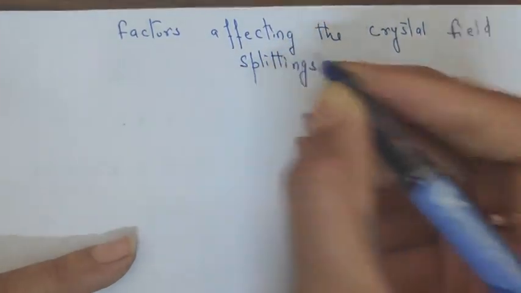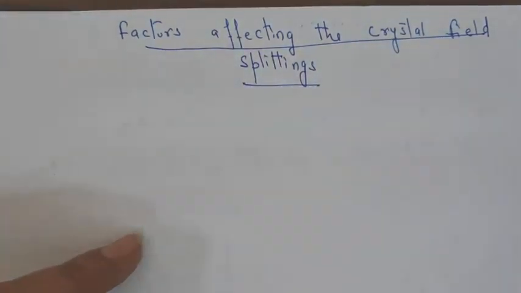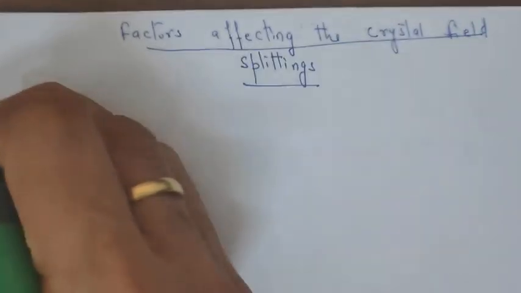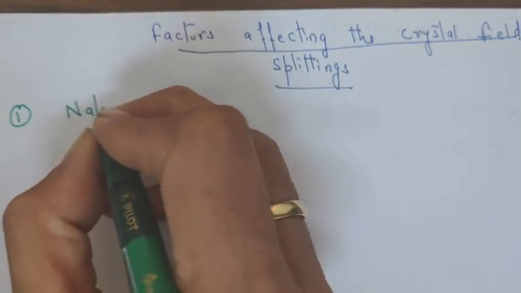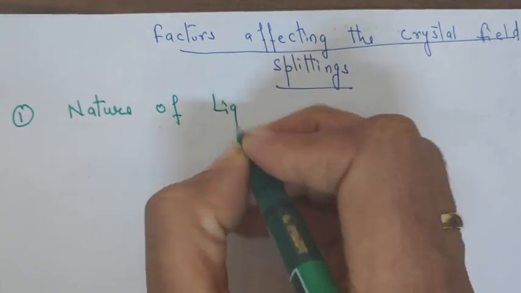Which factors are responsible for crystal field splitting and how do these factors affect the value? So first reason is the nature of ligands.